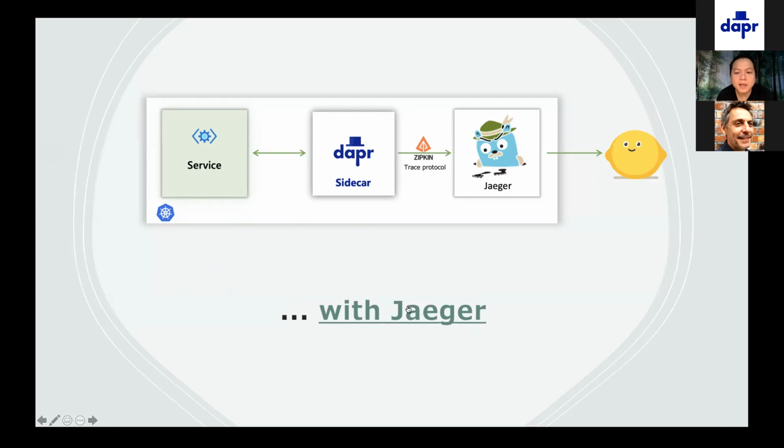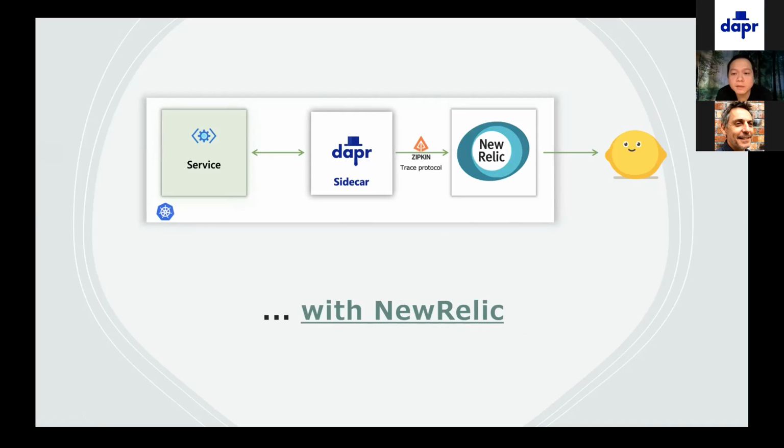Later, I can share the slides, and these have links to an example where we use Jaeger to show traces, and nothing has changed in this picture except that the server is swapped out, and you update the configuration to point to the Jaeger server instead of the Zipkin server, but it's still speaking the Zipkin protocol. The same thing can be done with New Relic.